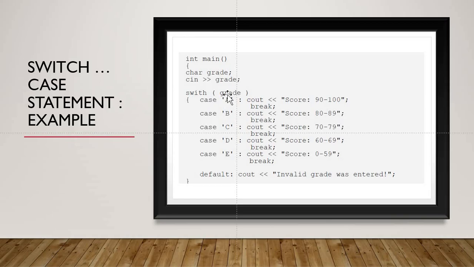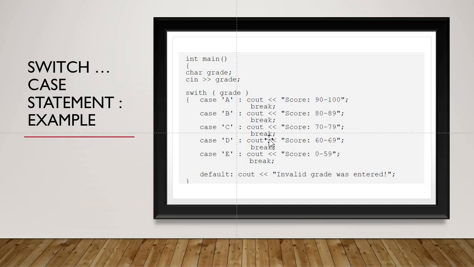Let's say the user gives input A. When we enter the body of the switch structure, the compiler will check case A, which matches the grade entered by the user, so it will print out score 90 to 100 and then break.